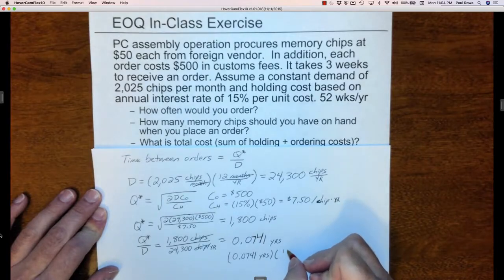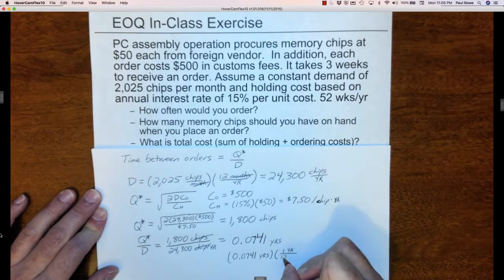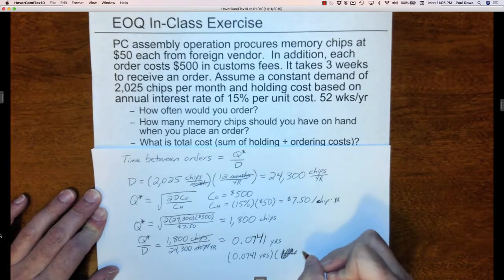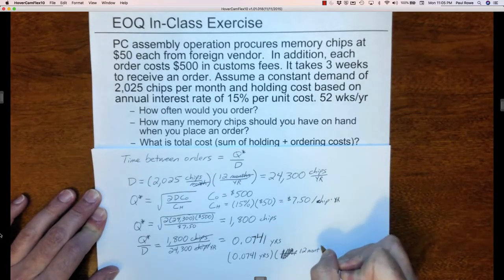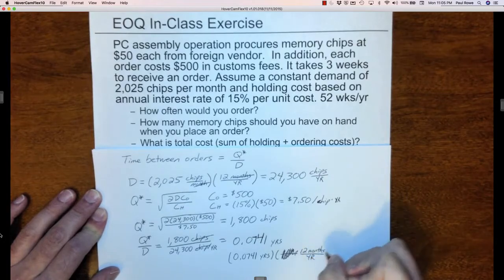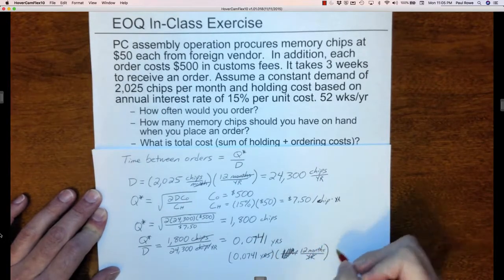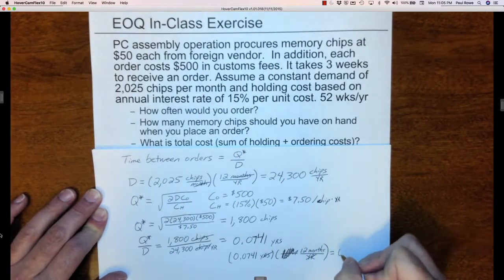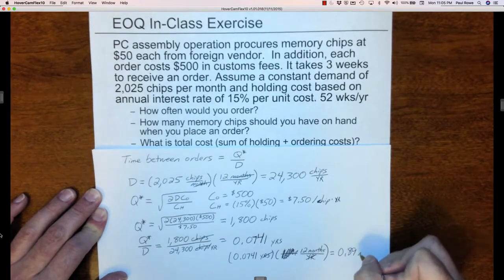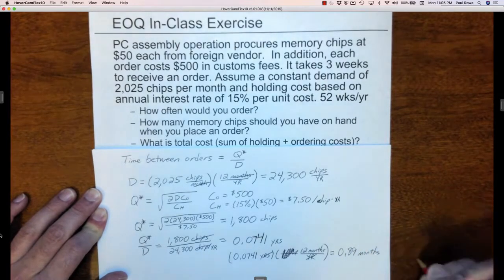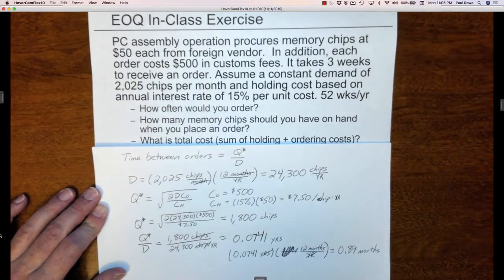And so we know that 1 year is, excuse me, 12 months per year. We need to cancel out the years, and we come up with 0.89 months. So that helps us quite a bit.